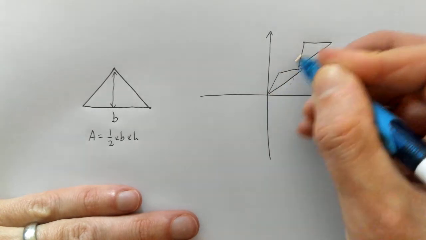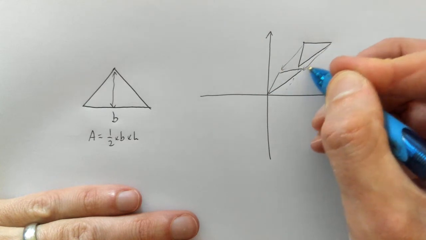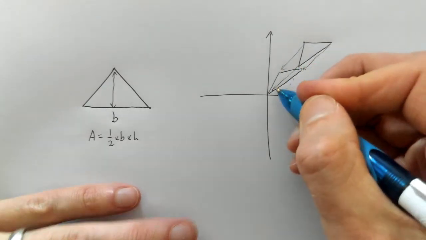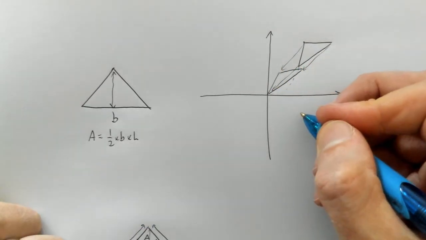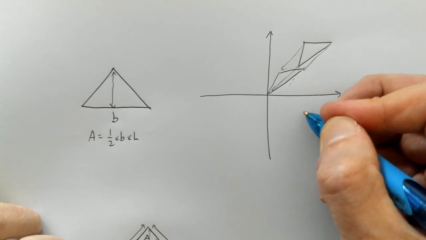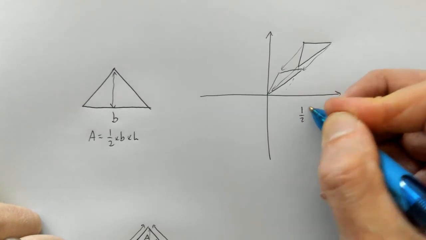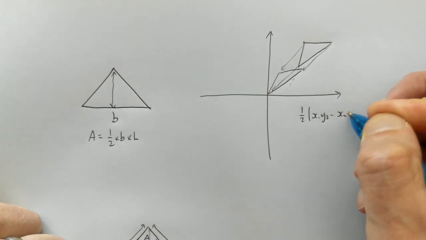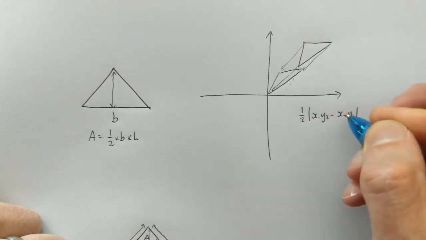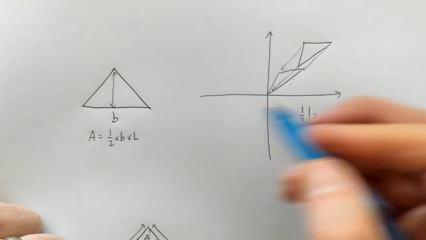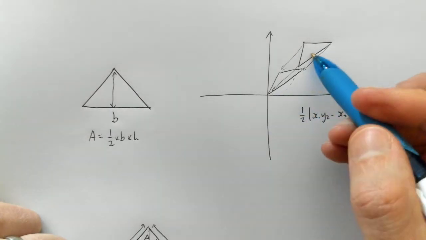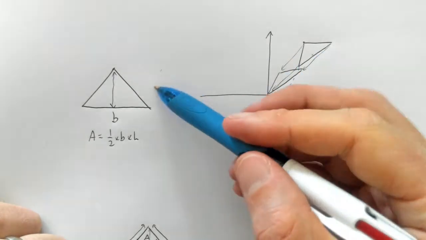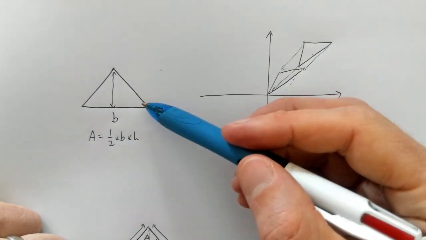So we move the triangle basically, and then we had that formula in the table, didn't we? I think it's half x1 y2 minus x2 y1. Just check that, but it's something like that. So we looked at two ways of working out the area of a triangle. If it's given in the coordinate plane, we can do this. If it's a normal triangle, we can do it that way as well, right?